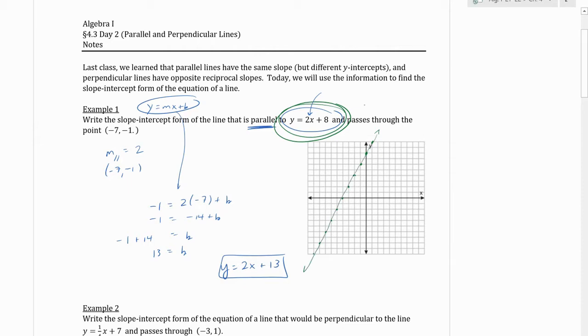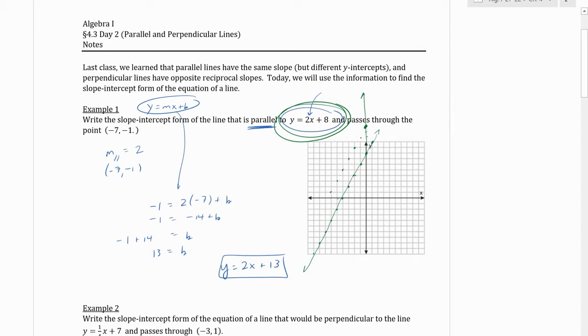Now, my issue here is my y-intercept's off the page because 10, 11, 12, 13. I'd have a y-intercept there, and then I'd rise 2, run 1, or else go down 2, back 1, down 2, back 1, and so on.